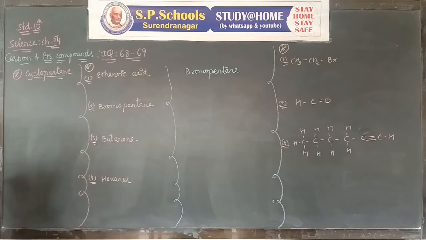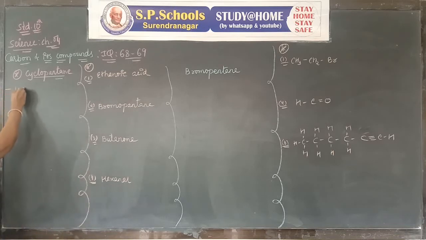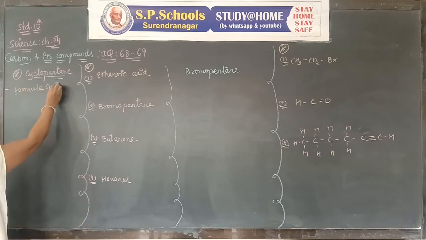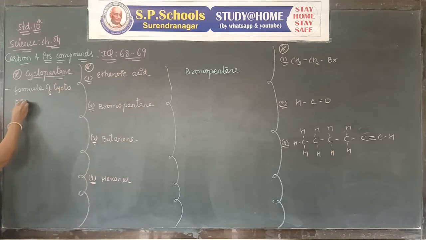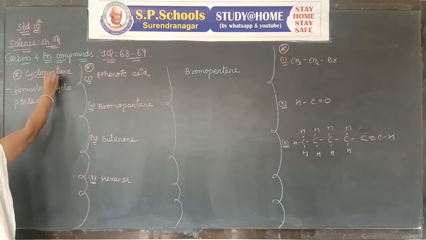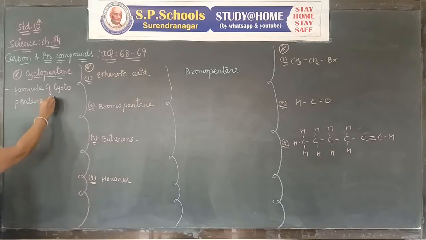Electron dot structure of cyclopentane. First we have to remember the formula for cyclopentane. The formula of cyclopentane is C5H10.